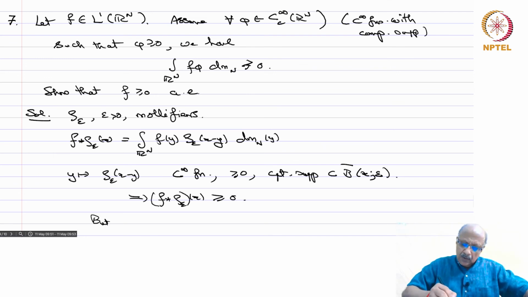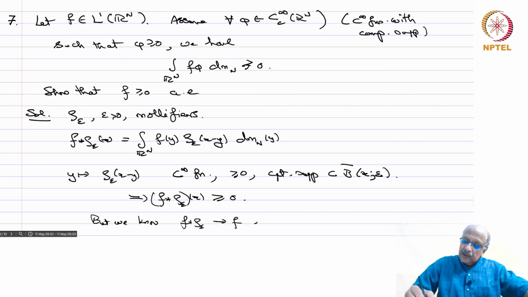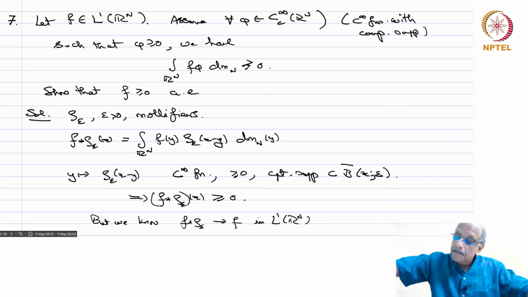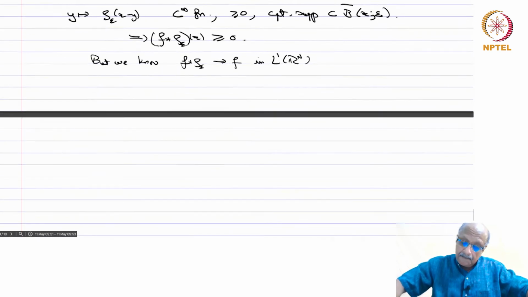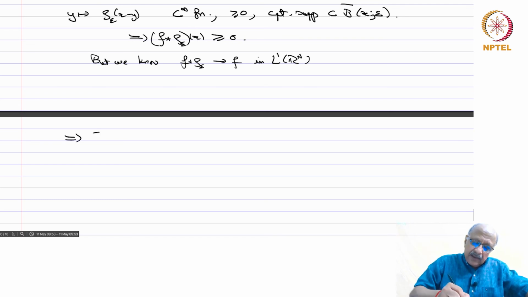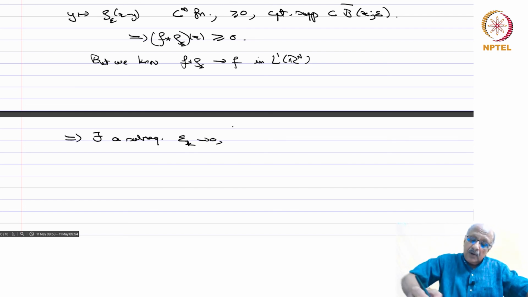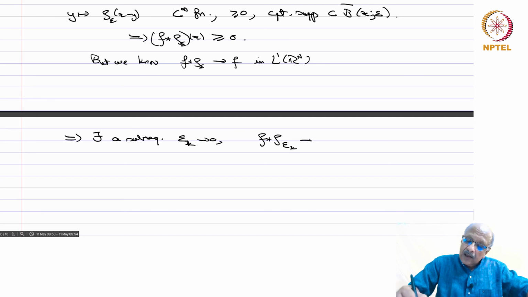But we know f * ρ_ε converges to f in L^1 of R^n. This implies there exists a subsequence ε_k tending to 0 such that f * ρ_εk converges to f pointwise almost everywhere.